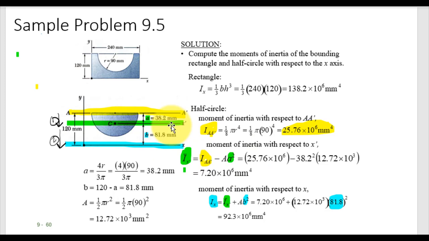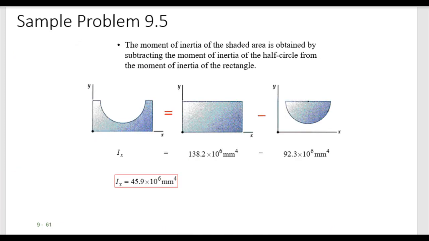And then we're going to go from the green to the blue. So here is finally the inertia around the blue axis. And the value here for the entire shape together is what the rectangle was minus what the semicircle was. So there's the inertia of the combined shape around the axis.